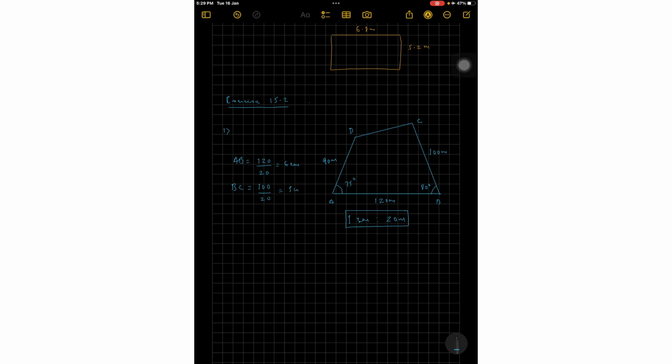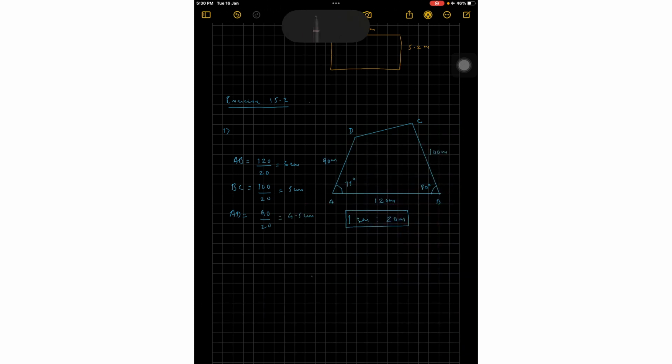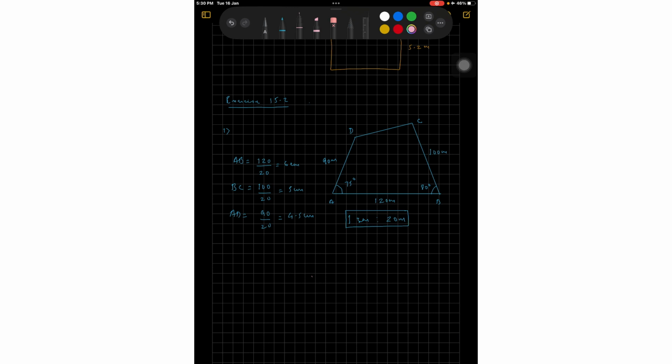That's going to be 5 centimeters. Likewise, we go ahead and find AD. AD would be equal to 90 divided by 20. That's equal to 4.5 centimeters. Now, DC is not known to you, but you can definitely find DC at the end of it. Yeah, DC is right over here, so DC is this length.